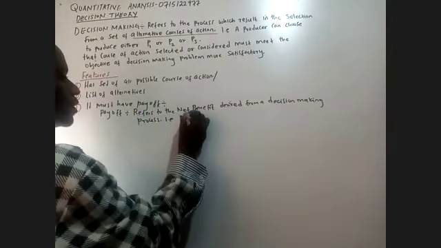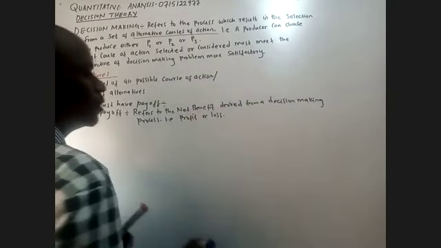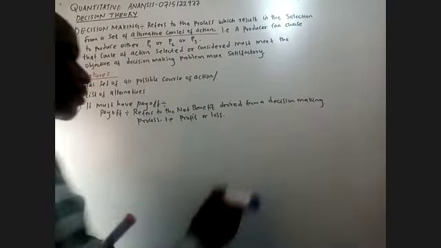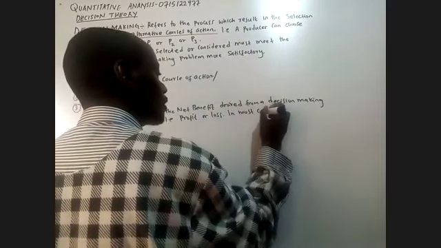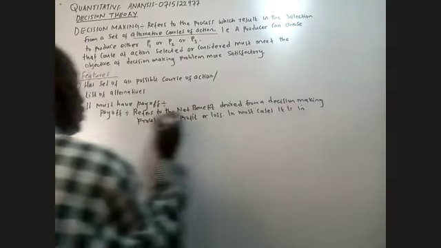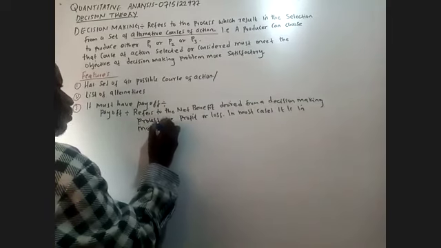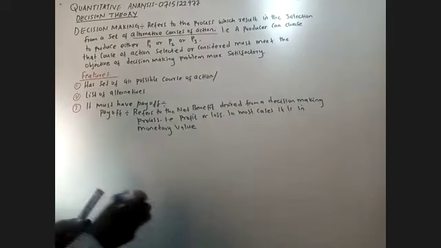You can talk about a profit or a loss. So in most cases, it is in monetary value. We say it refers to the net benefit.